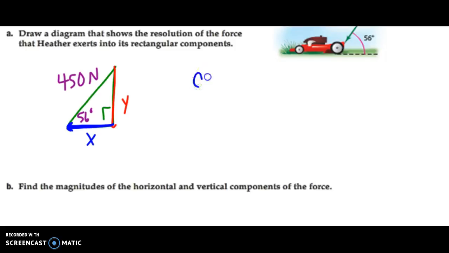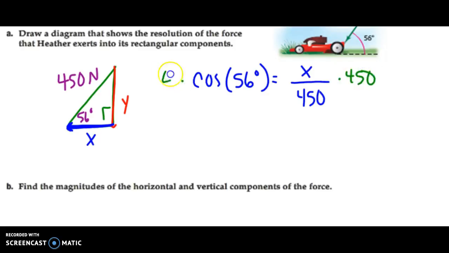So the cosine of 56 degrees is going to equal some value X over 450 newtons. Multiply by 450, and you find that X, the magnitude of X, how hard she's pushing that way, is 252.